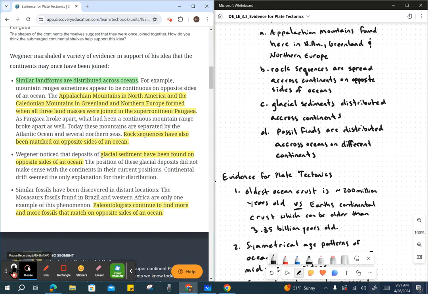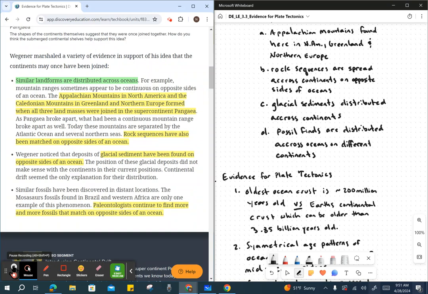And you can pick that same rock layer up over on another continent at the same place where those continents would have matched up. Okay, so this is looking at rock sequences compared to mountains.